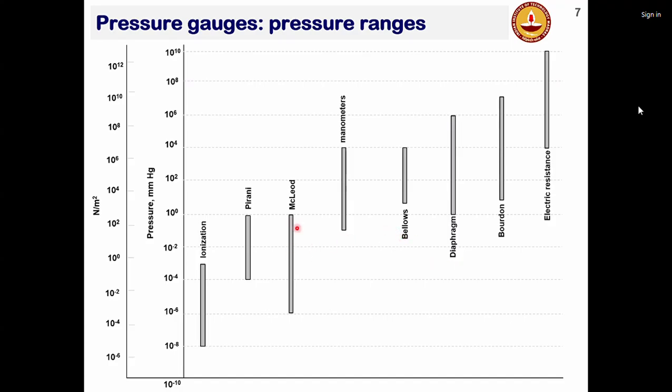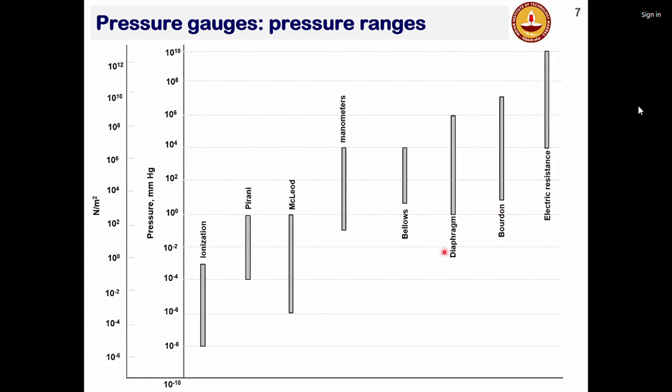Then we talked about the McLeod gauge, which can measure subatmospheric pressure, where you remember we are able to trap the gas which is below atmosphere and compress it using a liquid, and using Boyle's law we are able to predict the pressure. So that is the McLeod gauge. It will give you the subatmospheric pressure measurement. Manometers are slightly below atmospheric to mostly above atmospheric pressure.